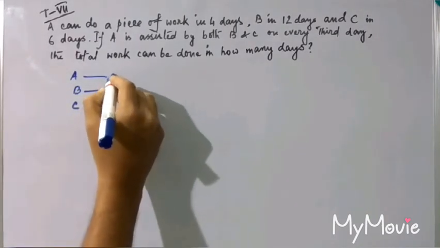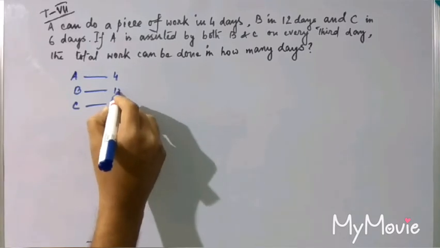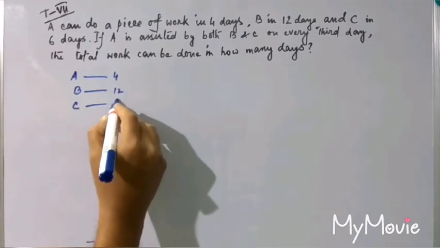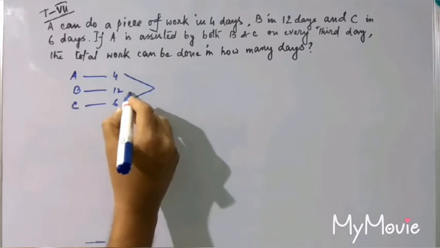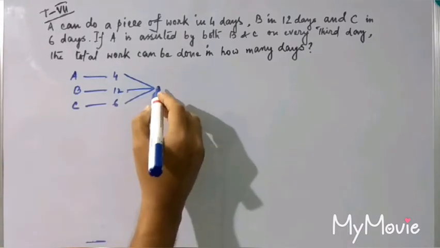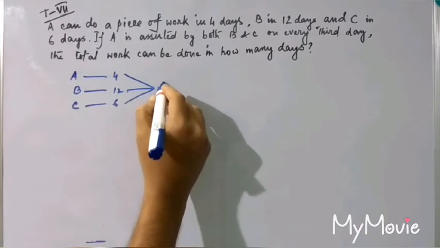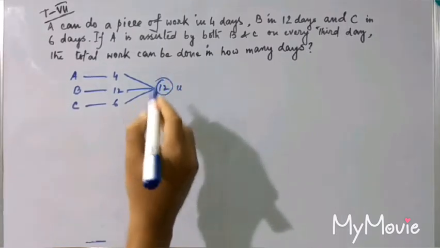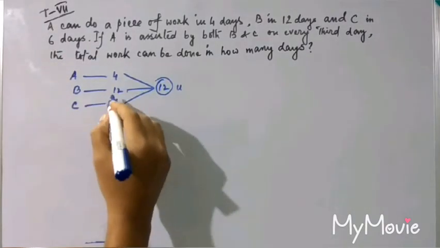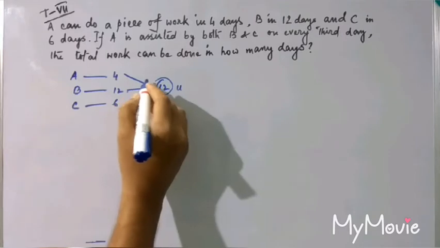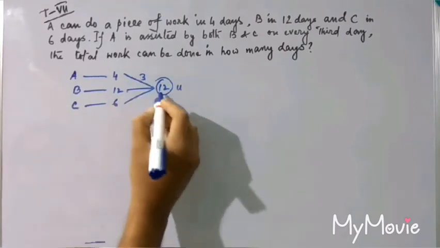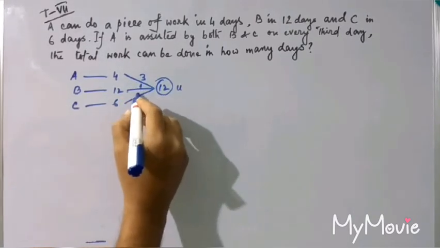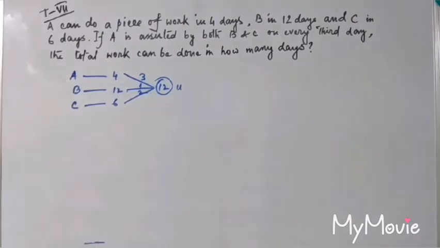That is, for A it is 4, for B it is 12, and for C it is 6. The LCM is 12, representing the total unit of work. When divided by 4, 12 and 6 respectively gives 3, 1 and 2.